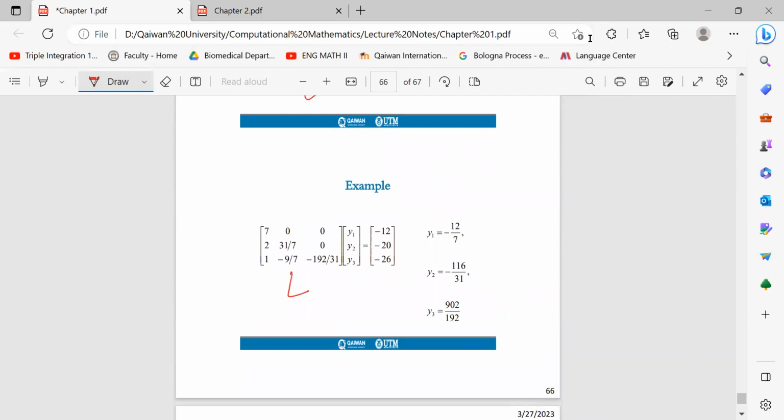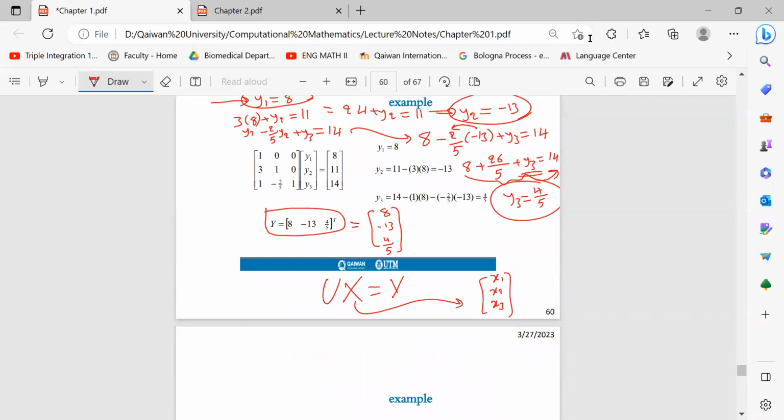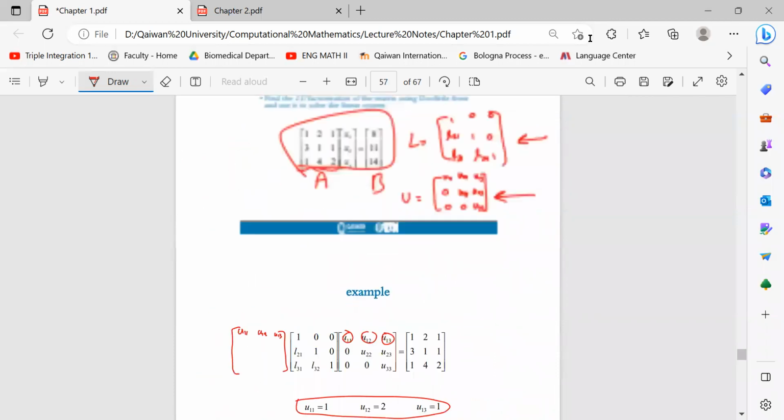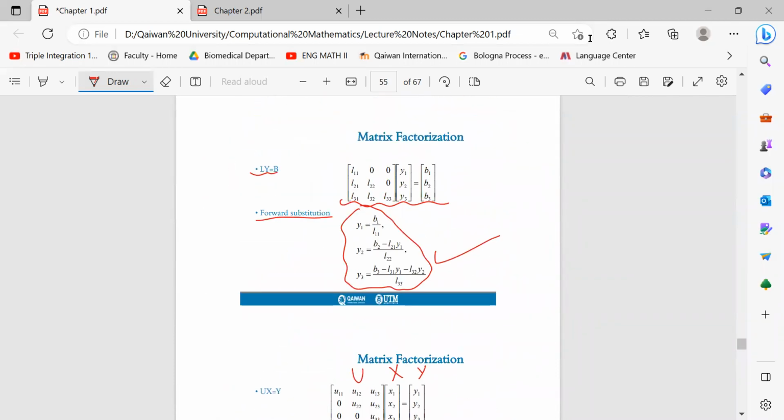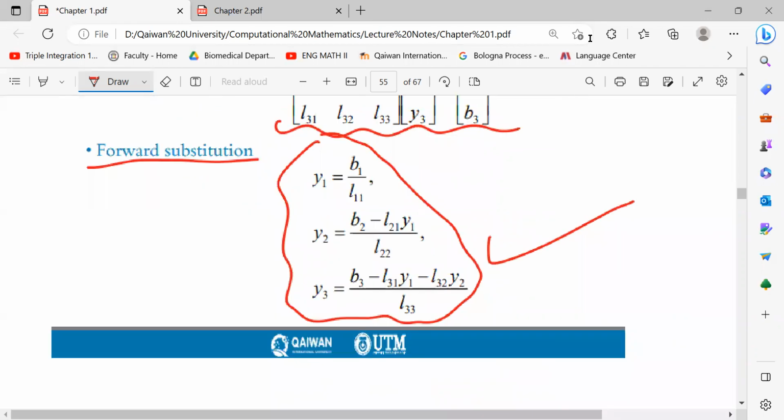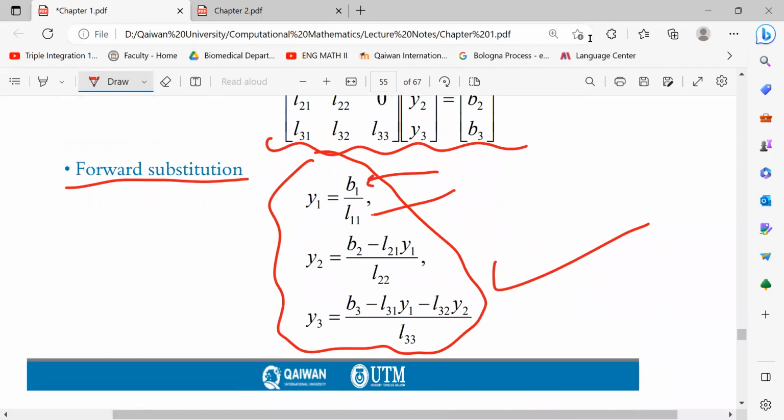Then we say Ly equals B. B is given. This is the matrix L that you found. This is Y, which is Y1, Y2, Y3. Y1 is B1 over L11.